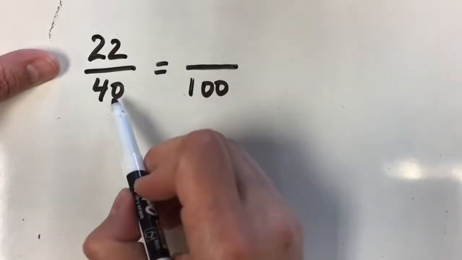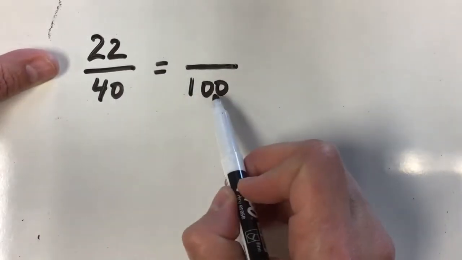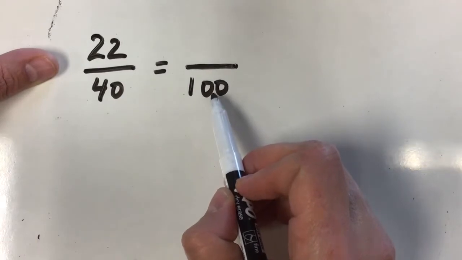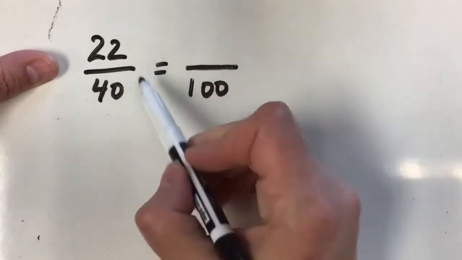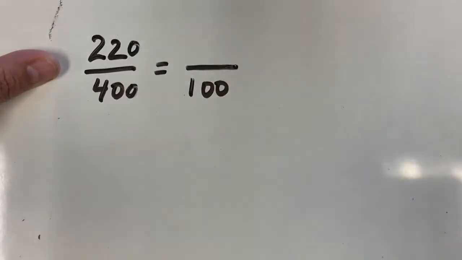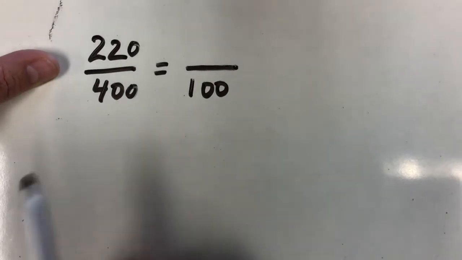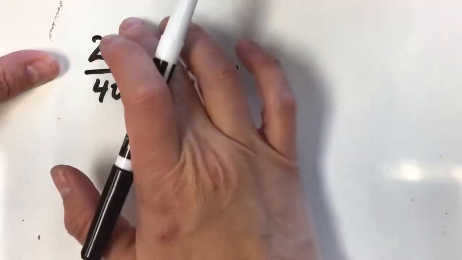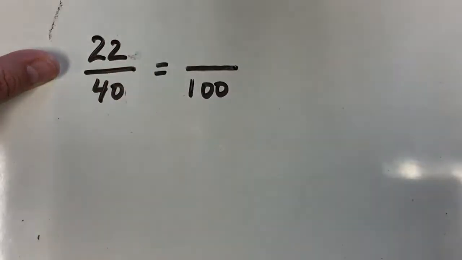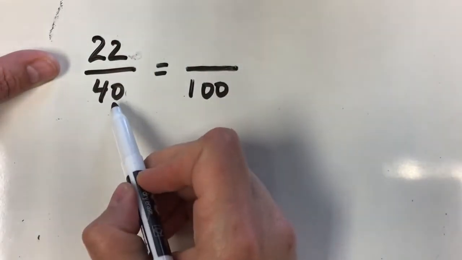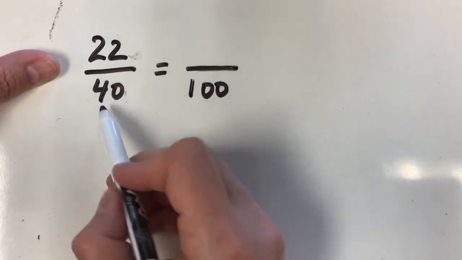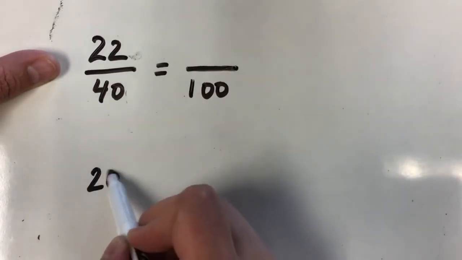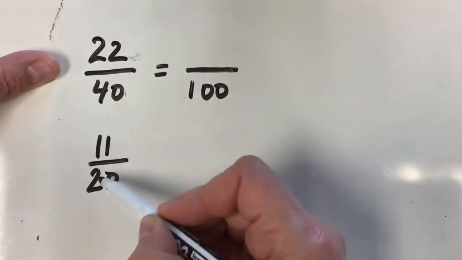So we can't really multiply 40 times anything to get 100, but there's a couple ways we could do this. You could just pop zeros on the end of both. That's multiplying both by 10. Now you can just divide 4 top and bottom, right? That's one way to do it. I like to just make an equivalent fraction. I know 20 would go into 100, so what if I did 11/20ths?